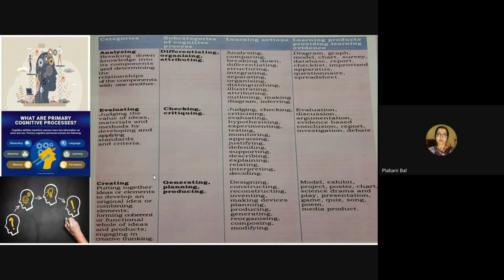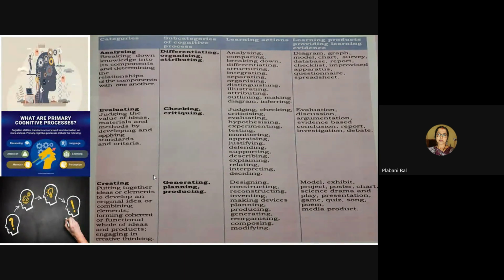So when you are teaching a concept, after completion of your teaching or knowledge construction or exploration process, the learner will be able to put together all the elements from analyzing and evaluating, and can create something, design something, construct something, or plan, or generate new ideas. At that time it will be referred to as creating.